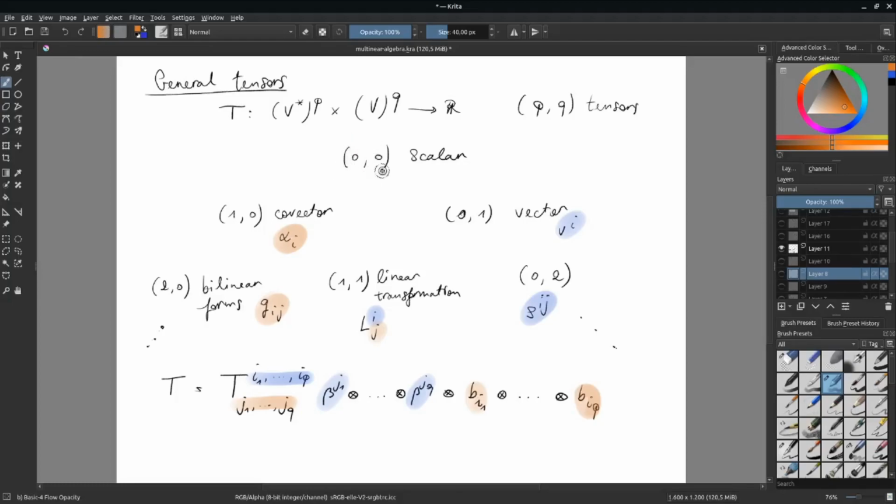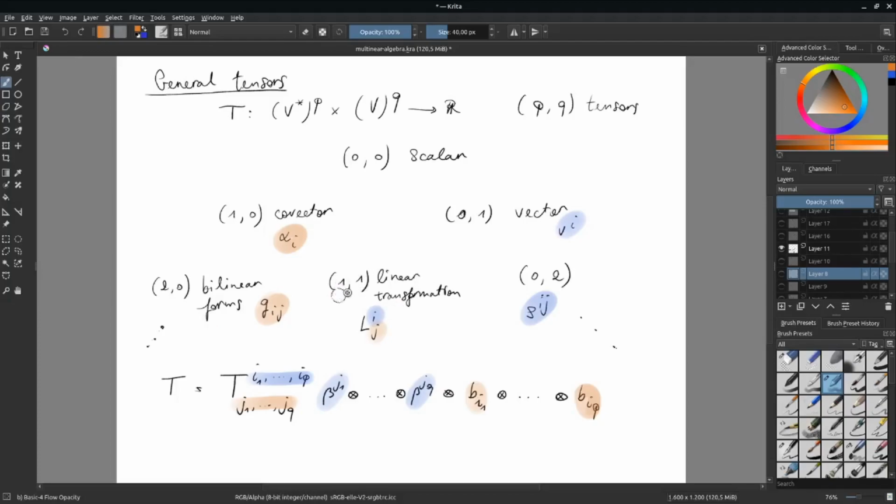Typically the convention is that a tensor of type (0, 0) is a scalar, because it has no indices. If I have a (1, 0), that's a covector. So we know that as well. (0, 1) is a vector with contravariant indices. And then the next row, I have (2, 0), that's a bilinear form.